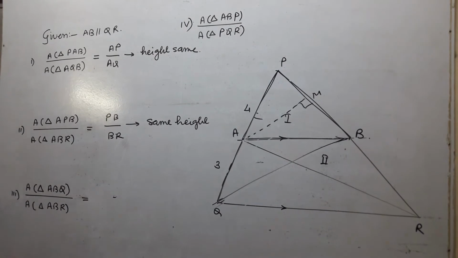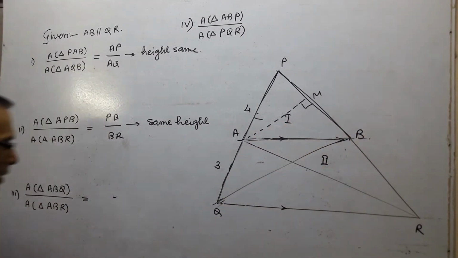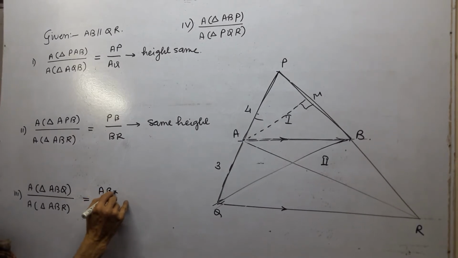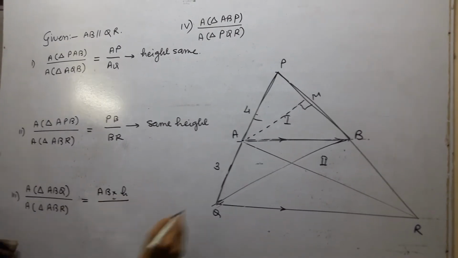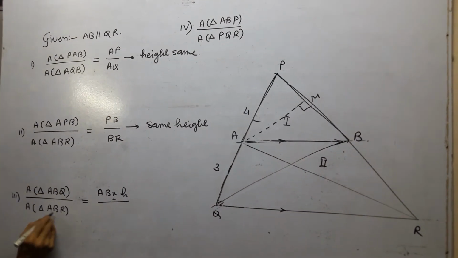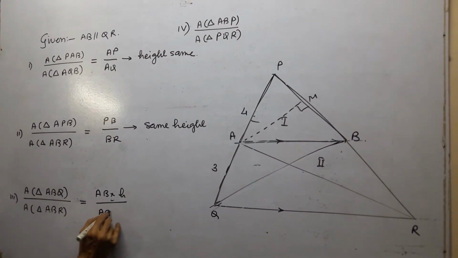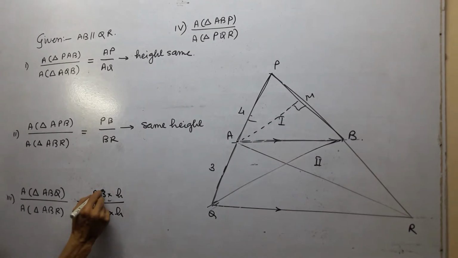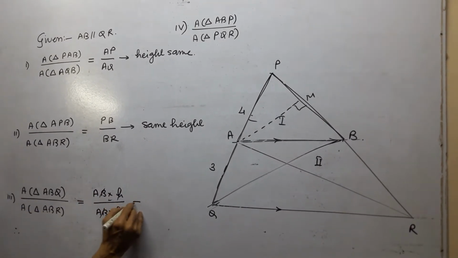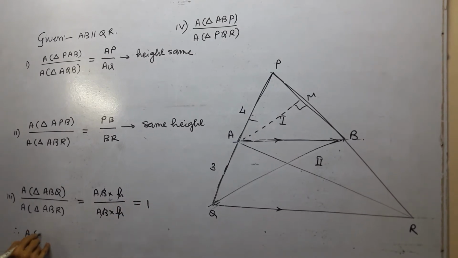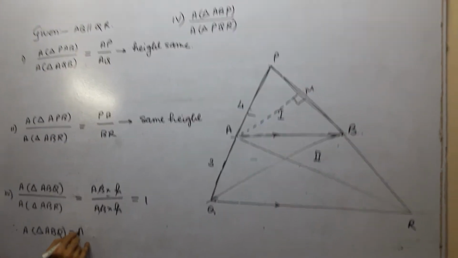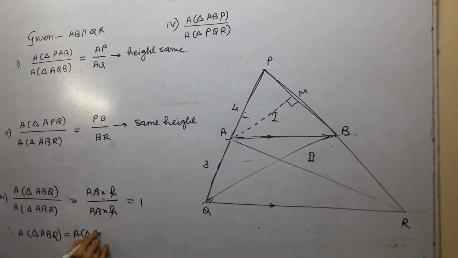So here we can write AB into H, and here also the same base AB into H. So the base and height are the same, and therefore their ratio is equal to 1, and therefore the area of triangle ABQ is equal to the area of triangle ABR.